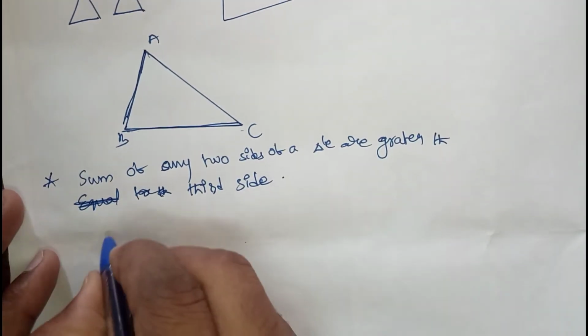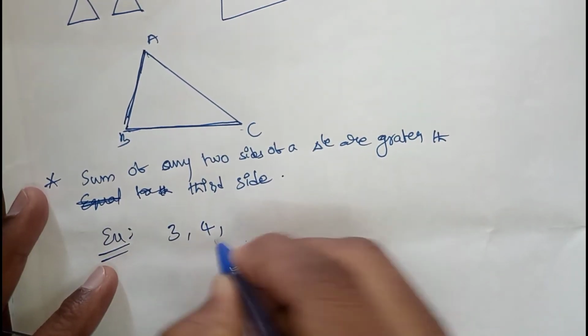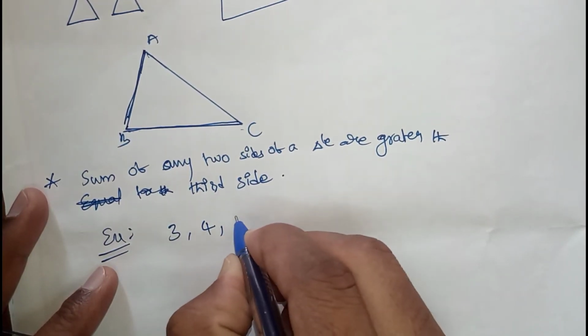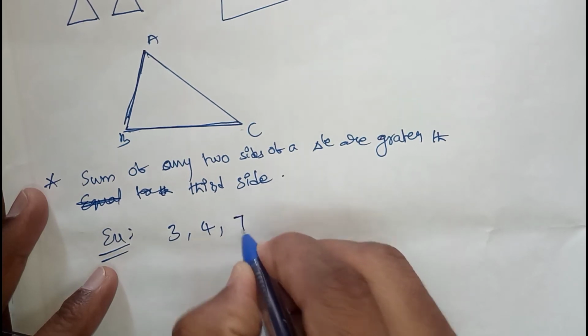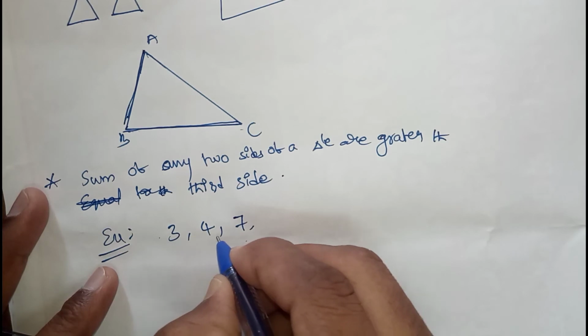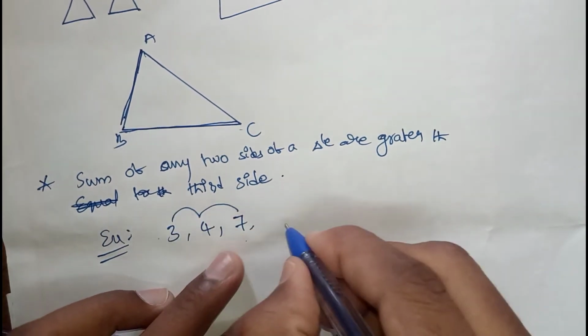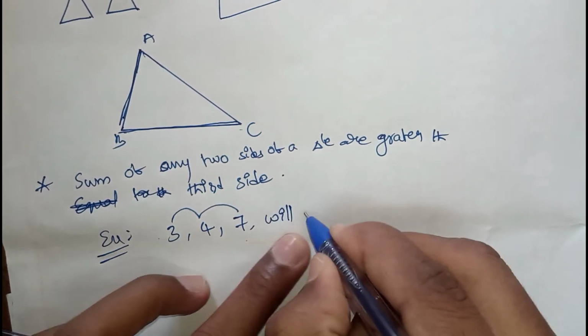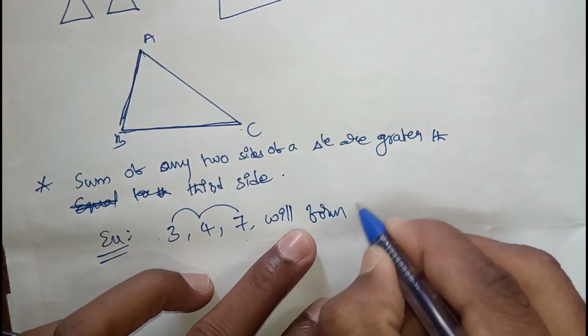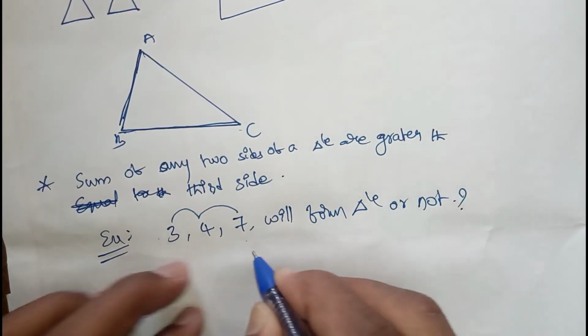Suppose, for example, 3, 4, 7 are the dimensions of the sides of a triangle. Whether these three dimensions will form a triangle or not, how can we justify?